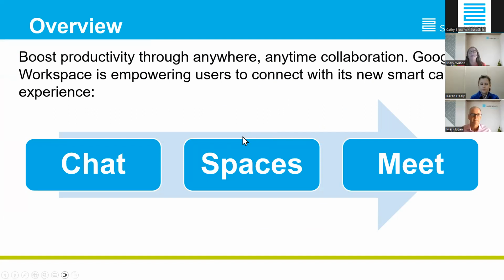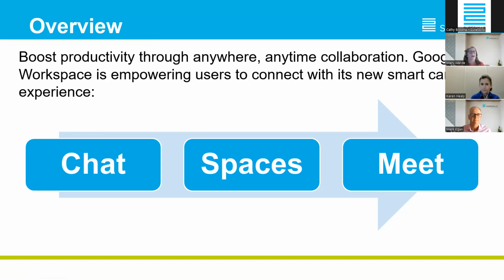So today we're looking at the Google Workspace, otherwise known as G Suite. What we're going to be looking at in this particular environment is how to boost our productivity through anywhere, anytime collaboration, and to be able to do this, this is what we call Google Workspace. We're going to be focusing on the functionality of the chat.